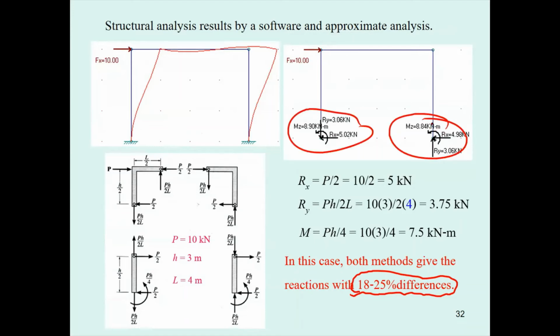And I should mention that usually we use a factor of safety equal to 2.0. That means we have about 200% difference between the error and the exact one. So for the preliminary analysis, you may see there is some error, but that error is not that big compared to the safety factor that we have.